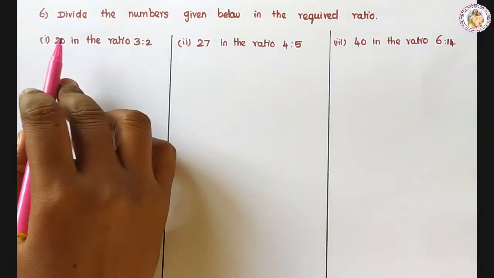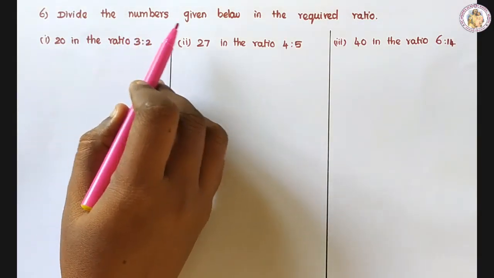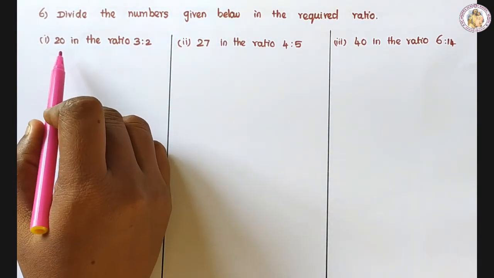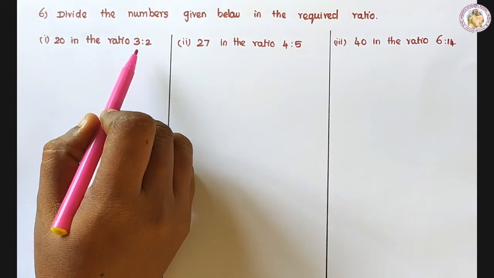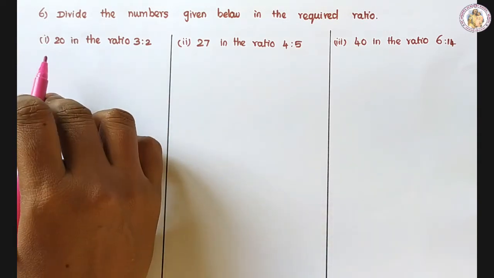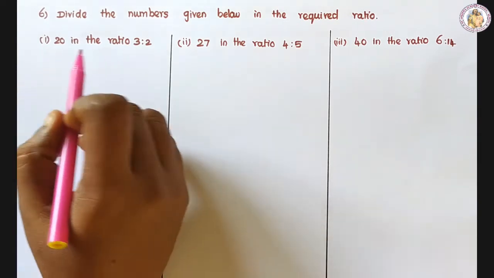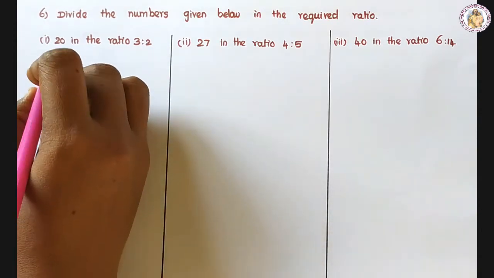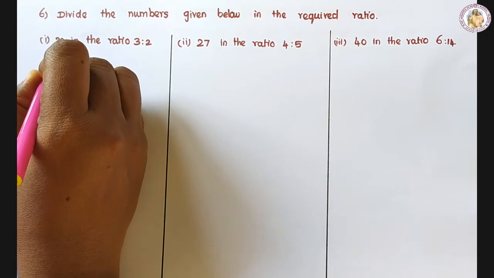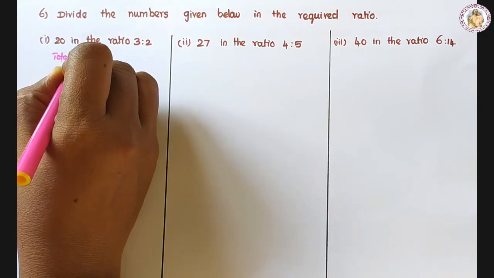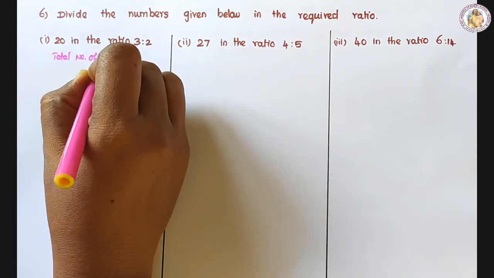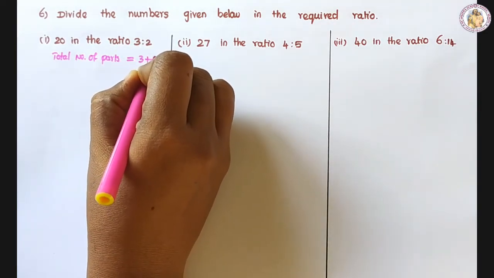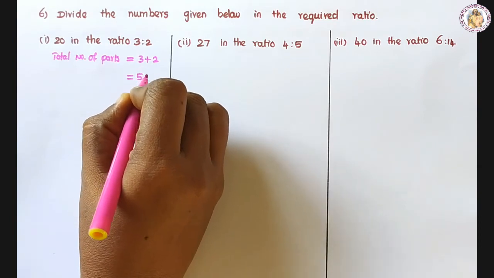The sixth one, divide the numbers given below in the required ratio. First subdivision, 20 in the ratio 3 is to 2. 20 is there, it is divided into 3 parts and 2 parts. So total number of parts equal to 3 plus 2, that is 5 parts.